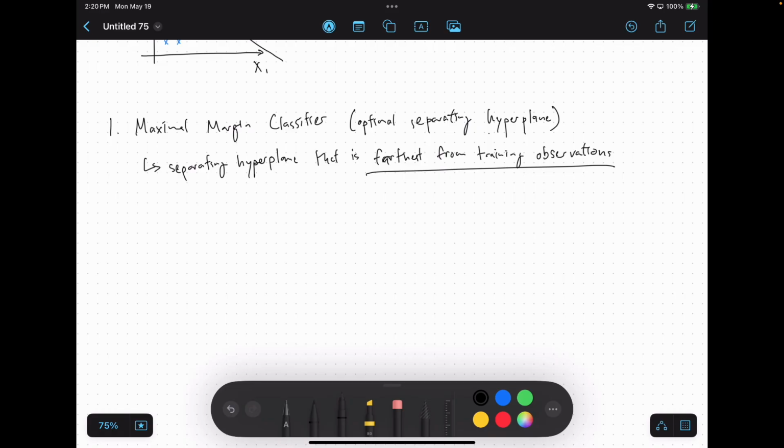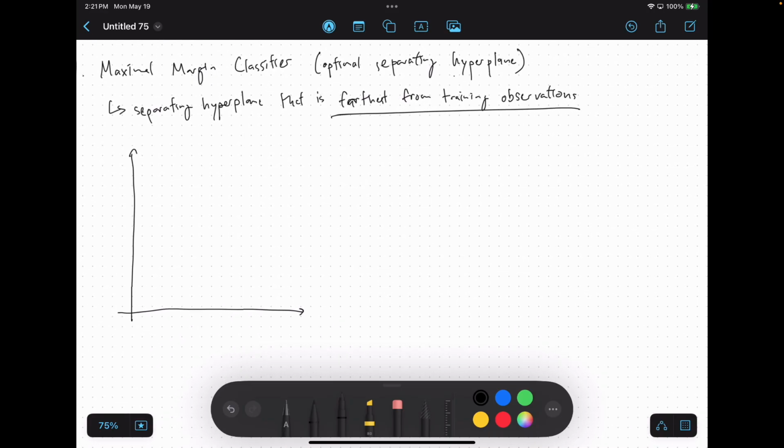And why is that? Let's think about an example here. I'm going to draw another red dot, blue dot type thing here. We'll have x1, x2, and I'm going to draw a couple of points here, and a couple of points over here. Okay, so question for you guys.